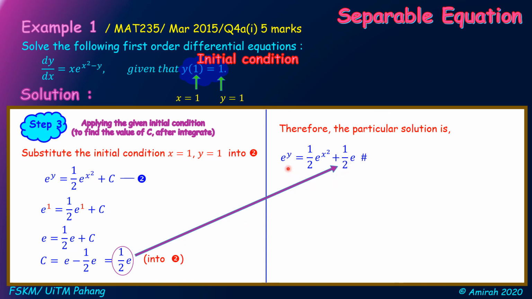So the final answer is e to the power of y equals half e to the power of x squared plus half e. This is the final answer if the initial condition is given, after we substitute the value of c into the general solution. The general solution we write in terms of c, but the particular solution means we solve the value of c by substituting the given initial condition.